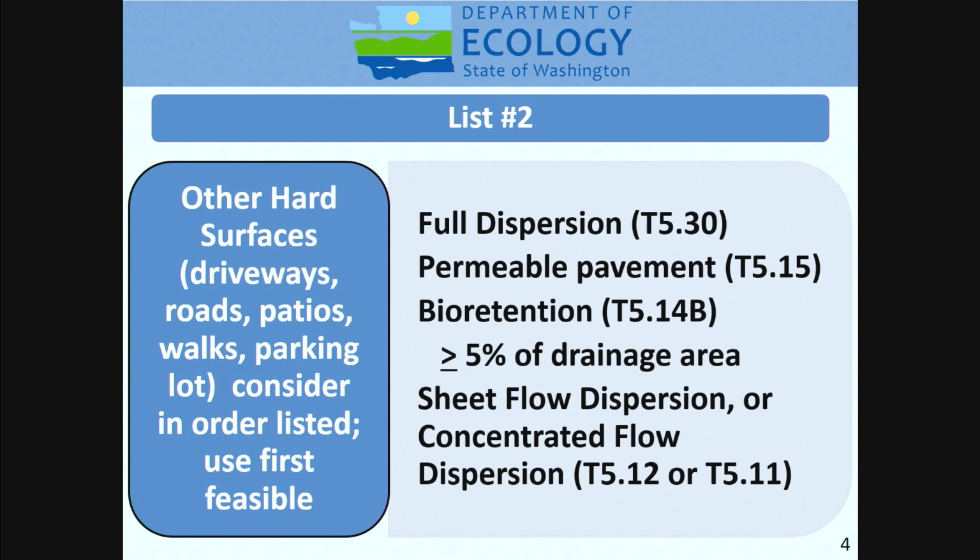And much more than that, you have to look at the locations of each type of hard surface, because permeable pavement could be feasible on the sidewalk on half your project site, but not feasible on the other half of your site. Now, we're not asking you to build a permeable pavement roadway up to a point and then suddenly change it to impermeable asphalt. We're not asking you to do that.